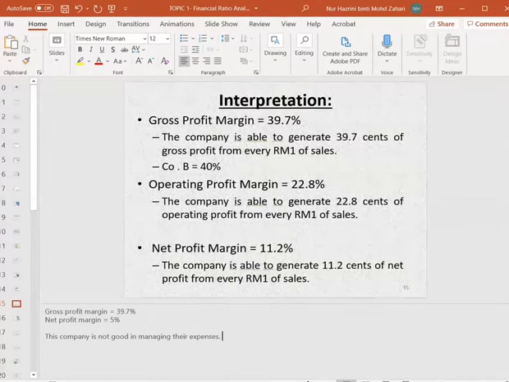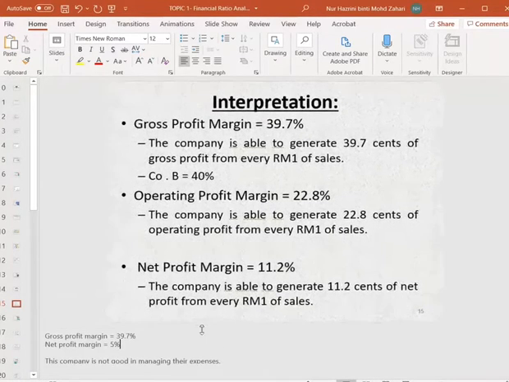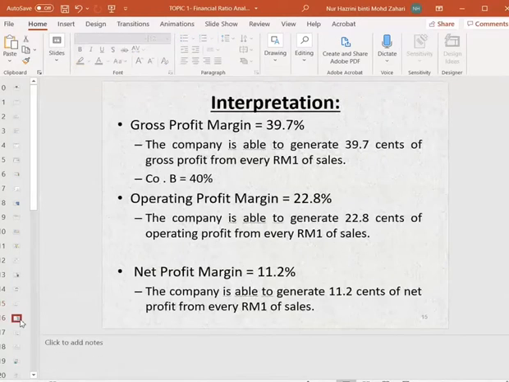From the gross profit, they minus a lot of expenses before they get the net profit, so the net profit figure is very small, that's why you get 5%. This is my example, don't ask me where I get this one. Here we can also tell a story about this.